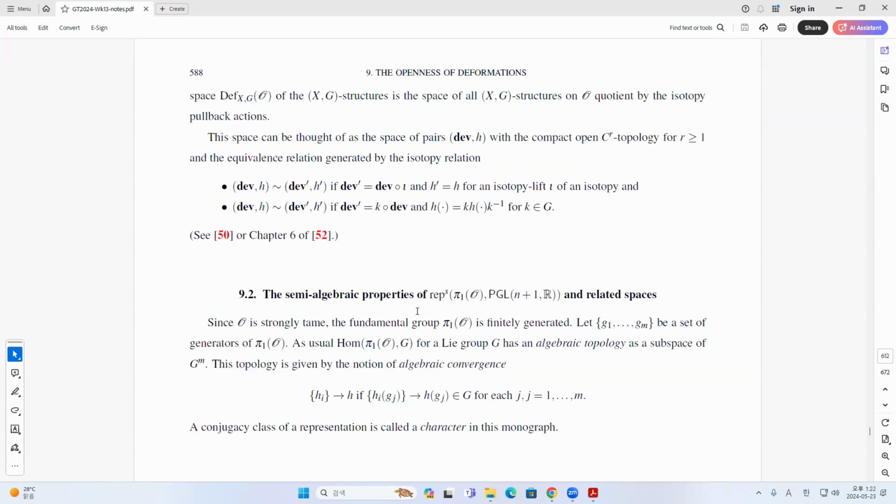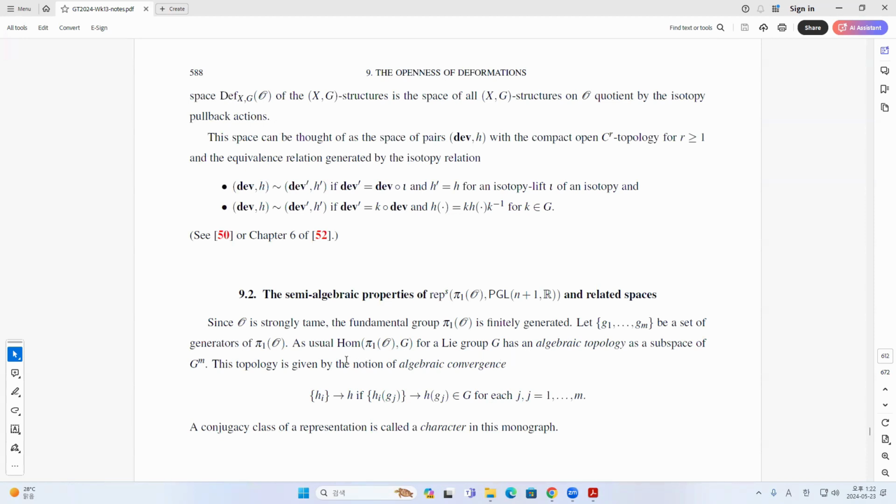Now we want to do the character variety thing. So we do the semi-algebraic properties and related topics. O is strongly tame, and the fundamental group is finitely generated, say by g1 to gm generators, and of course it's finitely presented as well.